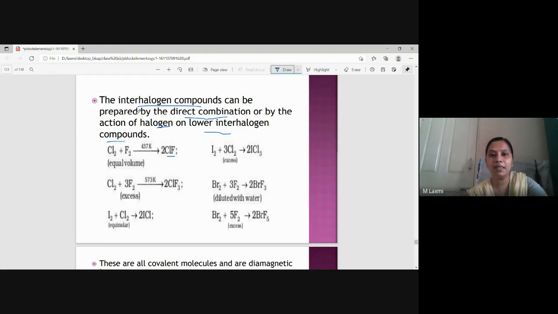The first method, direct combination, covers almost all the examples, where the two halogens combine directly, either both in equal amount, or when one is in excess, obviously the compound formed will also have that particular element in excess. There is one more way by which a halogen acts on a lower interhalogen compound, resulting in the formation of interhalogen compounds.